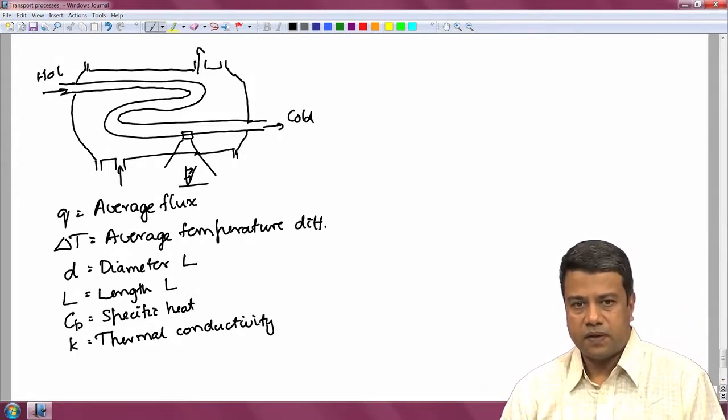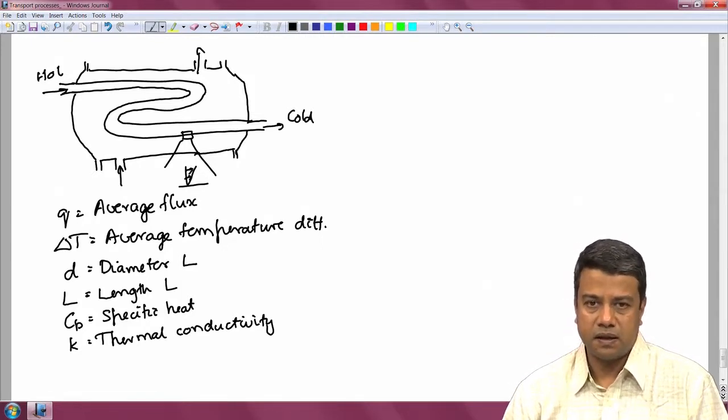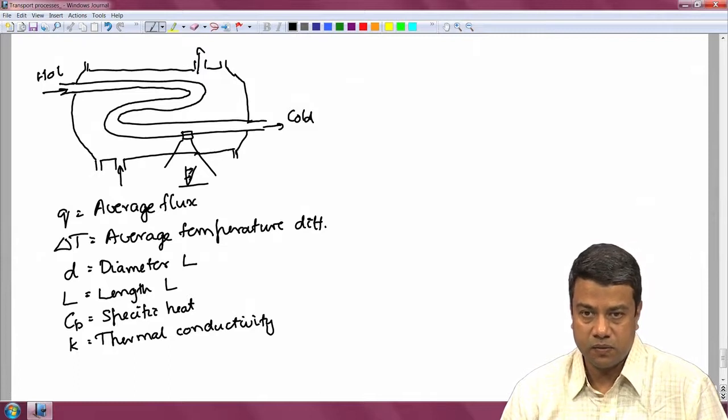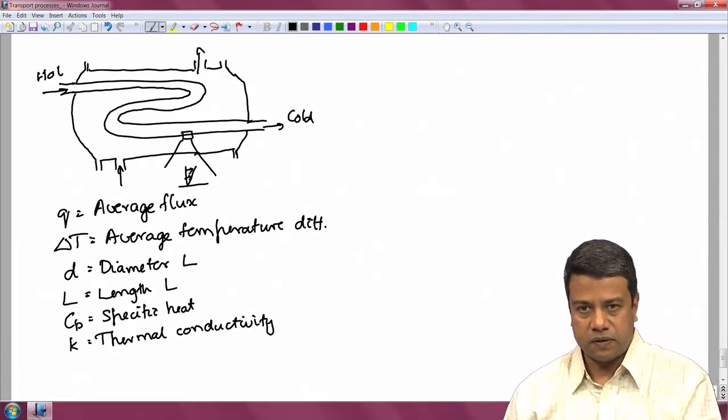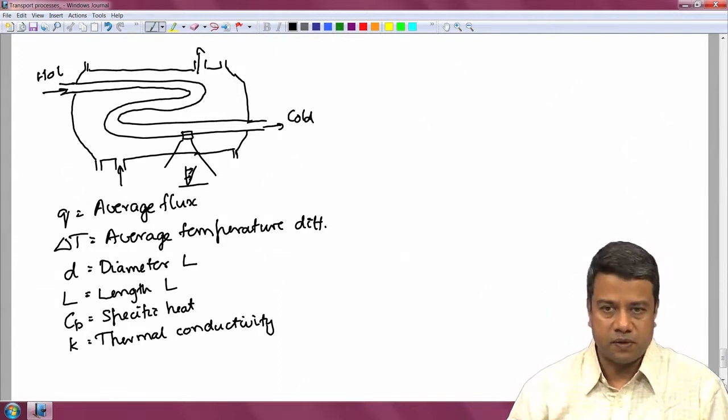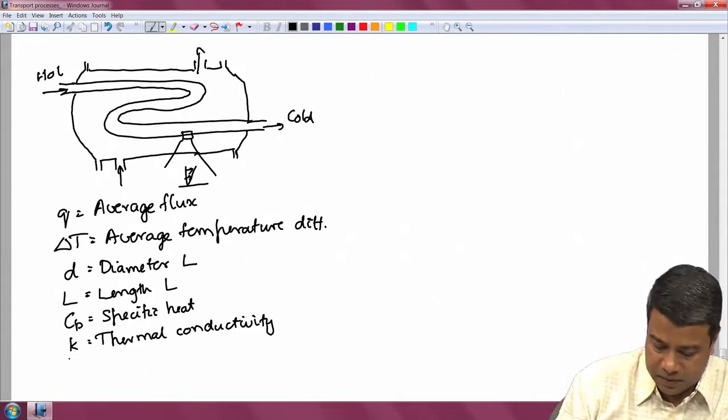And of course, the rate of heat transfer will also depend upon the rate at which the fluid is bringing in heat into the tube due to convection, because it is the heat that is convected along the flow that is being transported across the surface, and that rate at which heat is being brought in due to convection will depend upon the flow velocity.